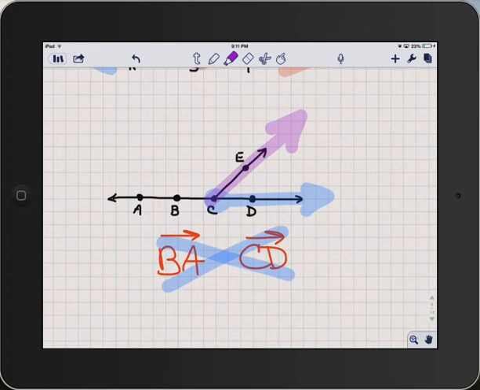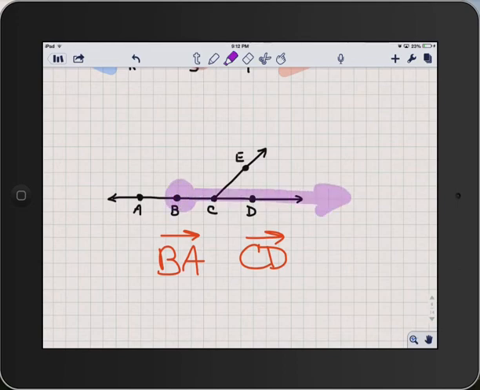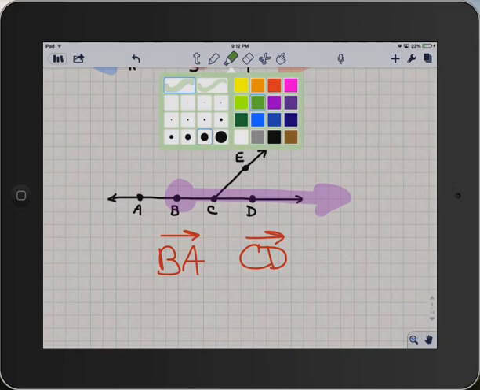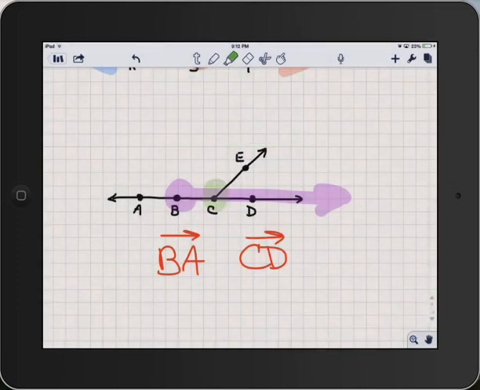And you have other possibilities as well. Maybe they overlap, like ray BD starts at point B and goes to the right, and ray CA, which goes to the left, but they have different endpoints as well. So they're not opposite rays, they overlap at more than just the endpoint.